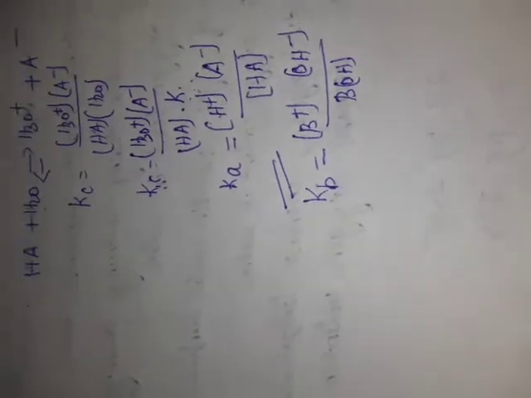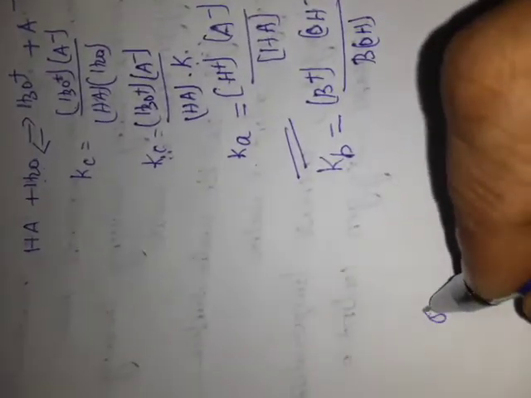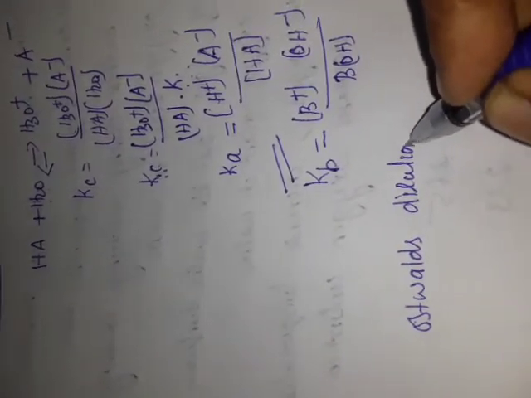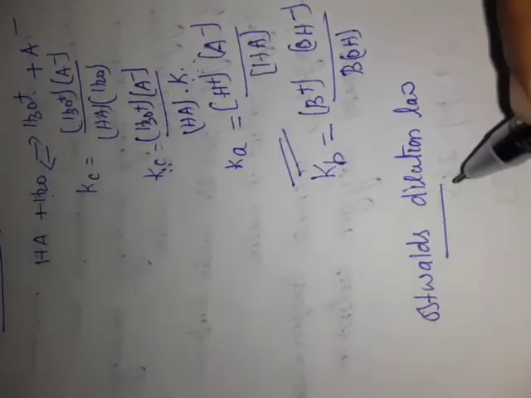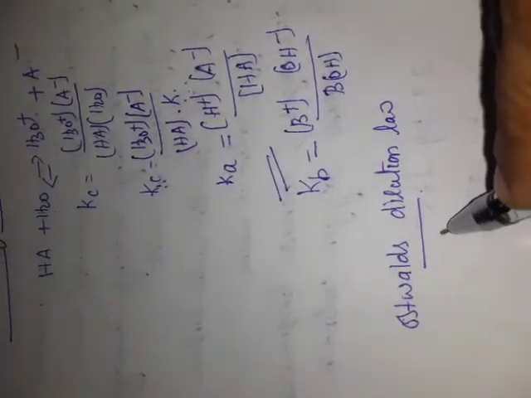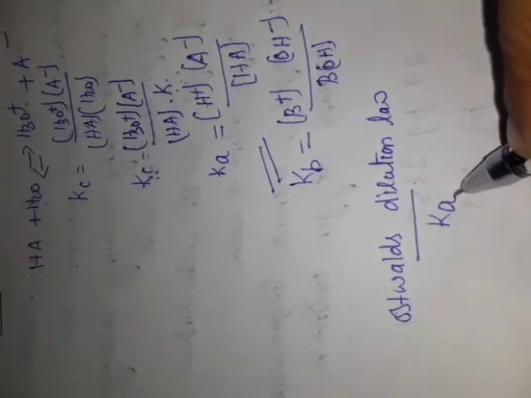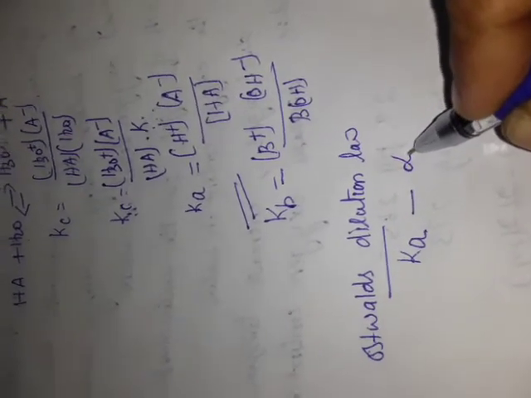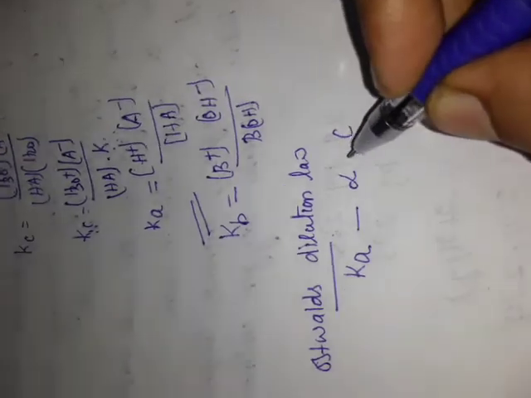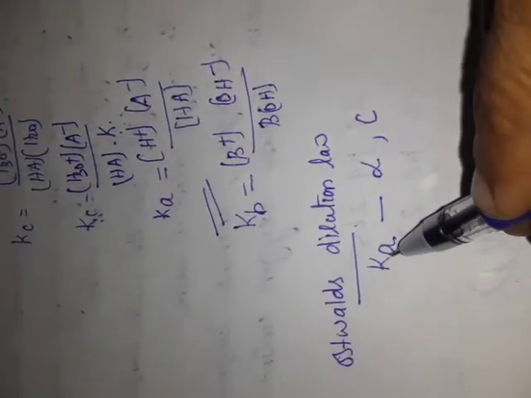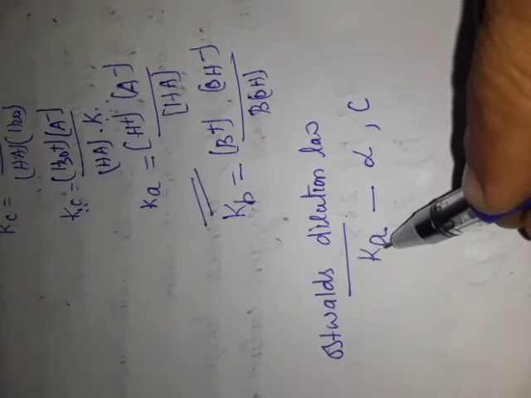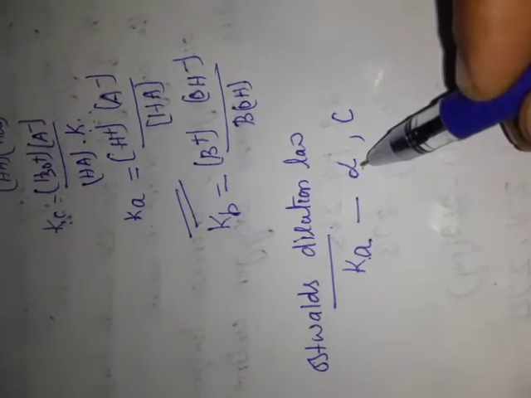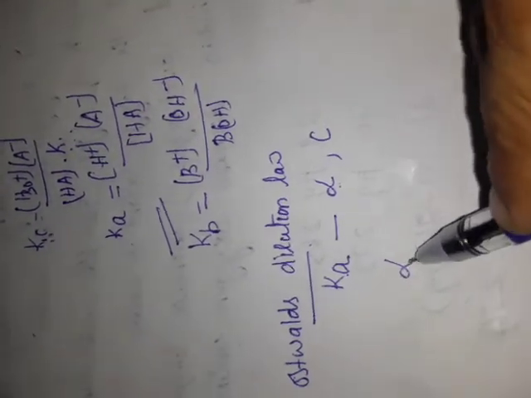Next, based upon this, we are going to learn one law called Ostwald's dilution law. Ostwald's dilution law relates the dissociation constant Ka of the weak acid with its degree of dissociation alpha and its concentration C. What is meant by alpha?